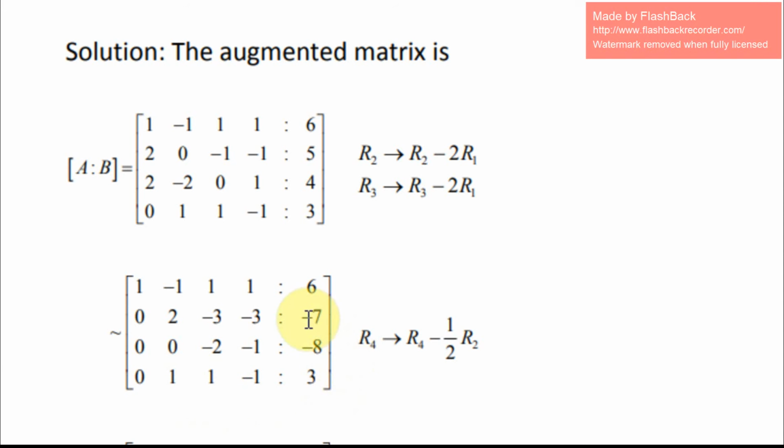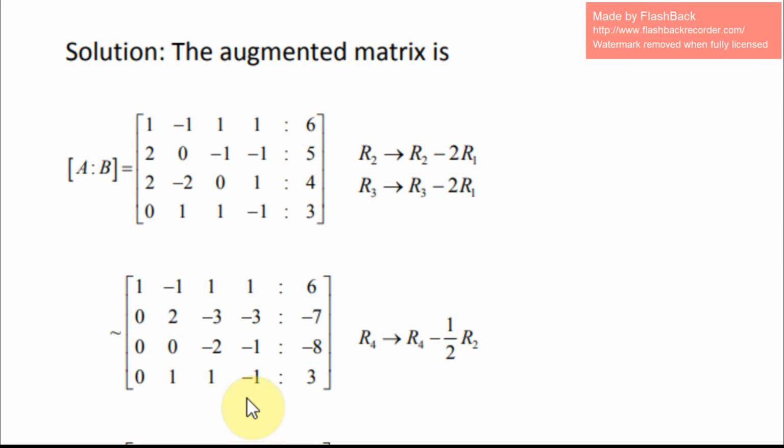Now again we operate on the fourth row, which is R4 implies R4 minus 1 by 2 R2. After this row operation, we keep all the other rows as they are and only the fourth row changes, becoming 0, 0, 5 by 2, 1 by 2, 13 by 2.